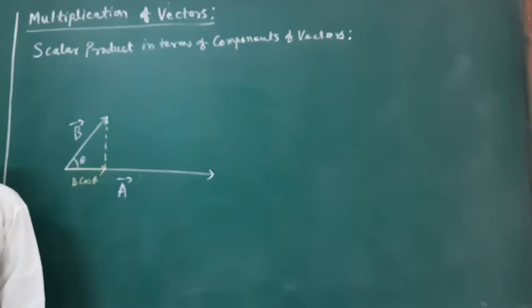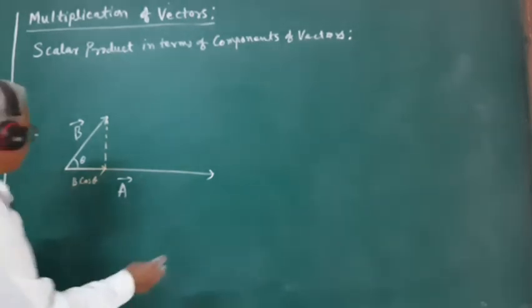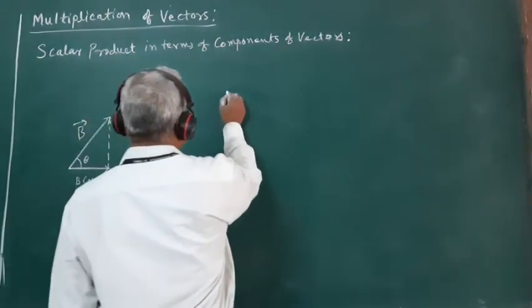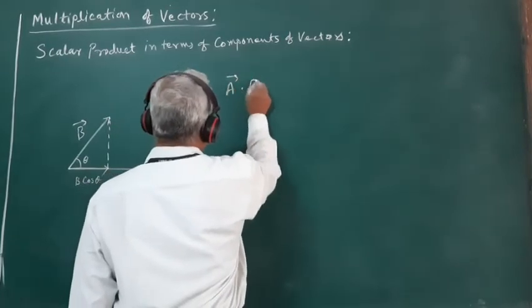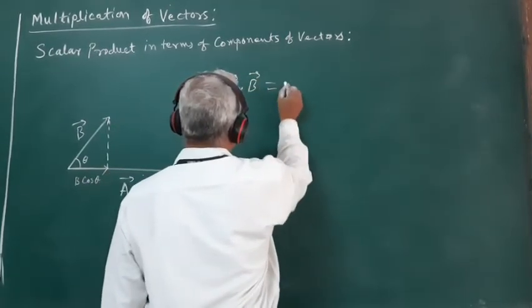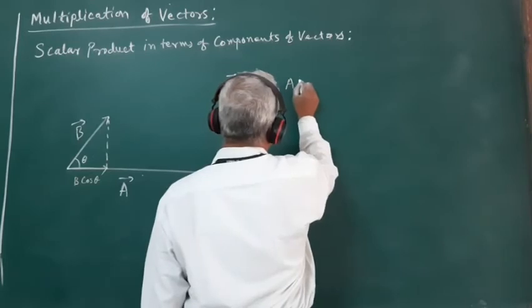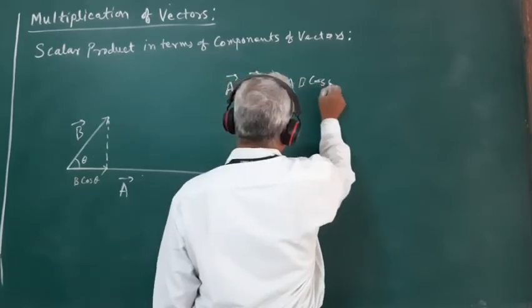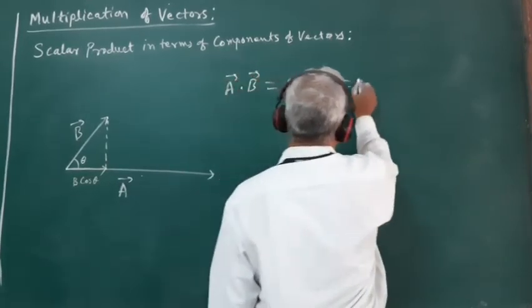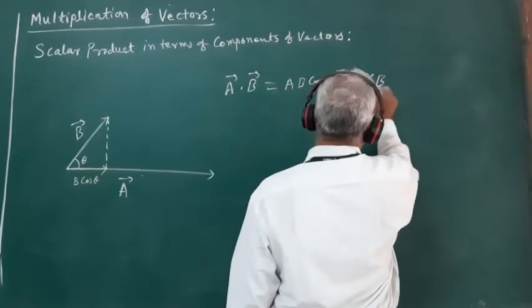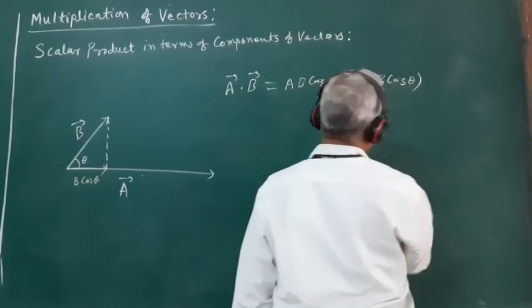So, if we take the product with the magnitude of A bar, A bar dot B bar is equal to A B cos theta. So, this is equal to A into bracket B cos theta.